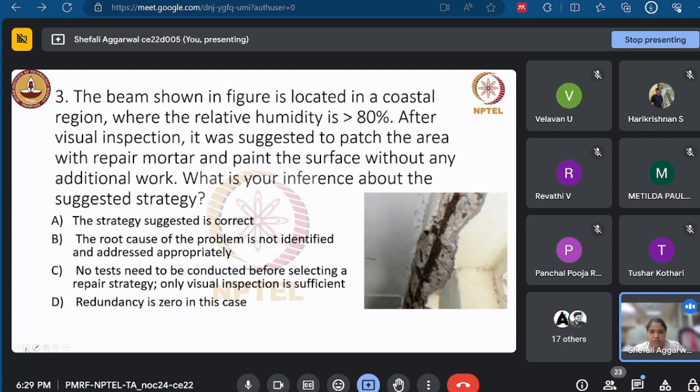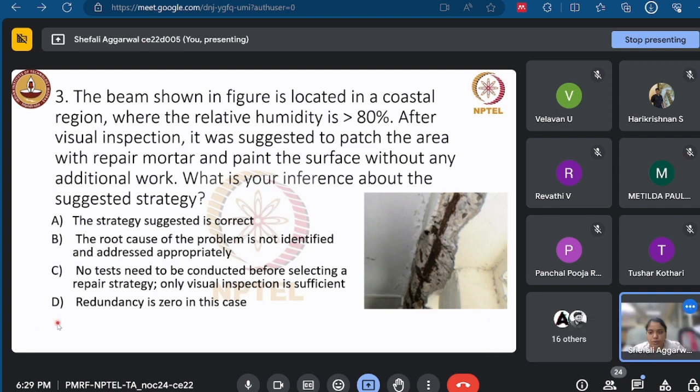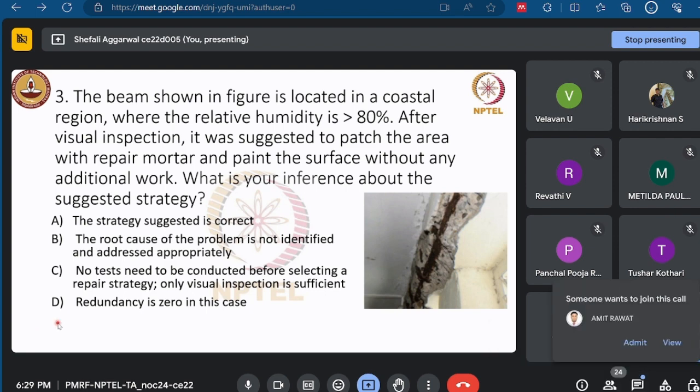The strategy is correct, as we can just patch repair and paint the surface. The root cause of the problem is not identified and addressed appropriately. No tests need to be conducted before selecting a repair strategy. Only visual inspection is sufficient, and redundancy is zero in this case.